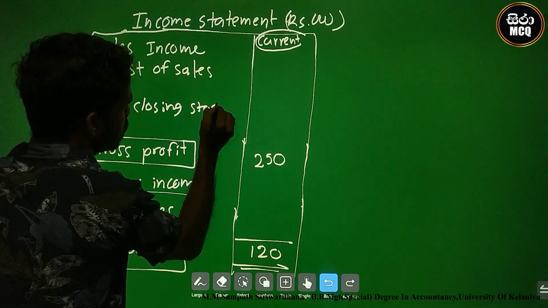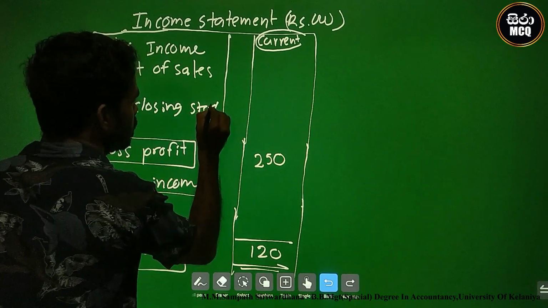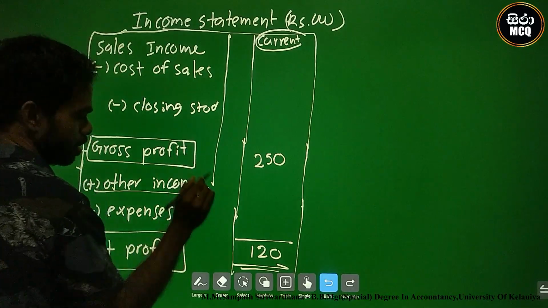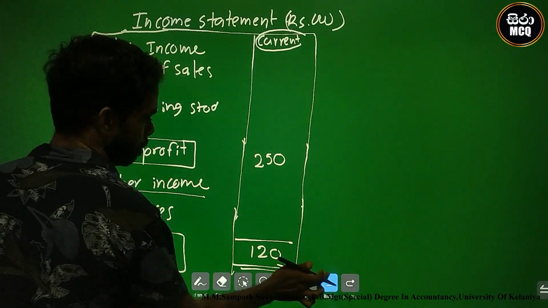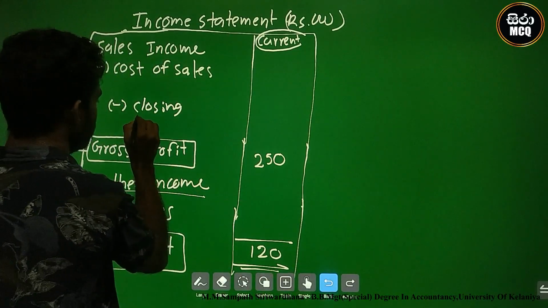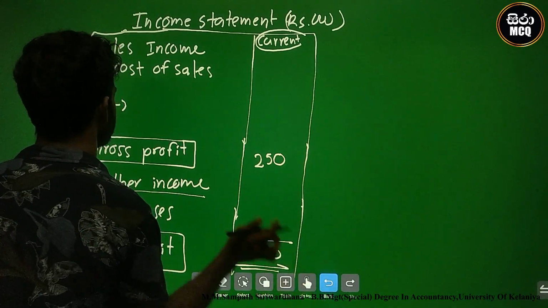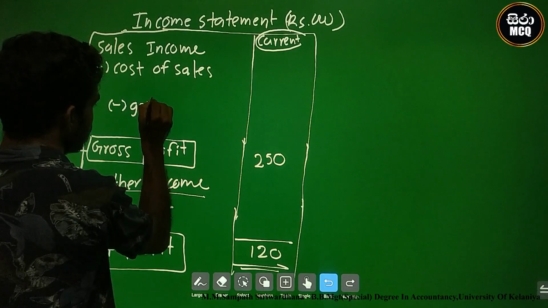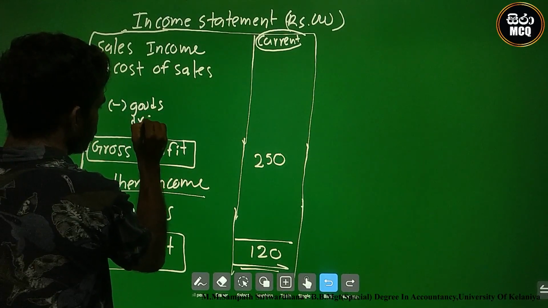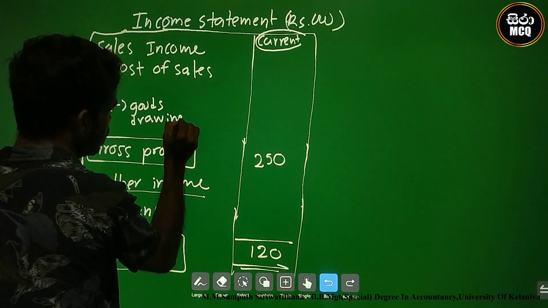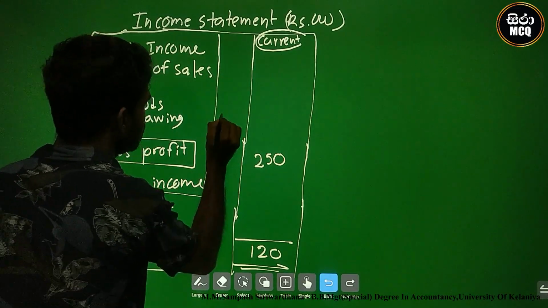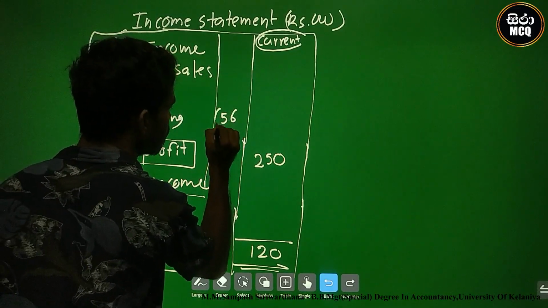There is another one, goods drawings, 56. There is another column, 56.